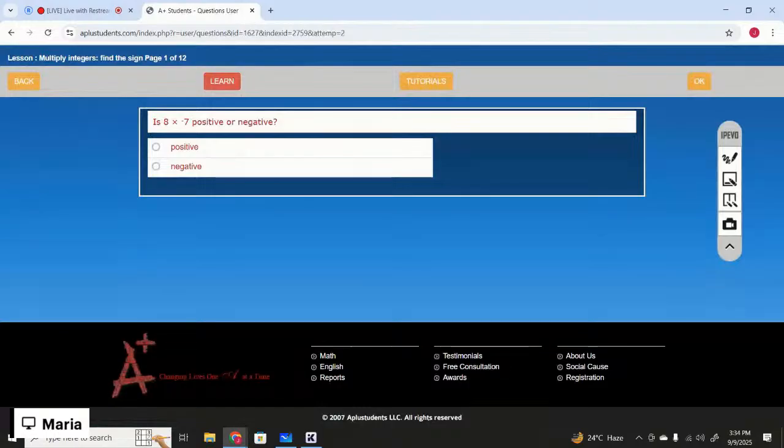Is 8 times negative 7 positive or negative? If either of the numbers is negative, the answer is negative. Option number 2 is the option.